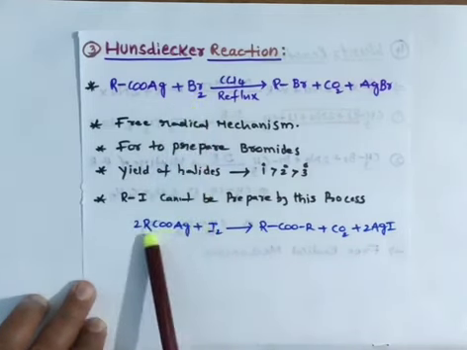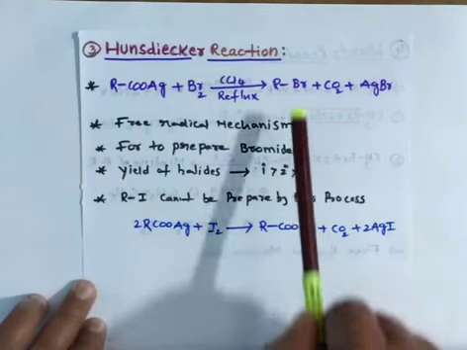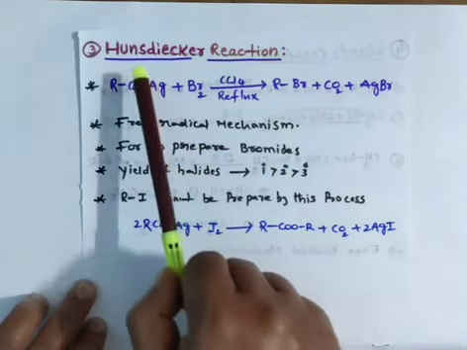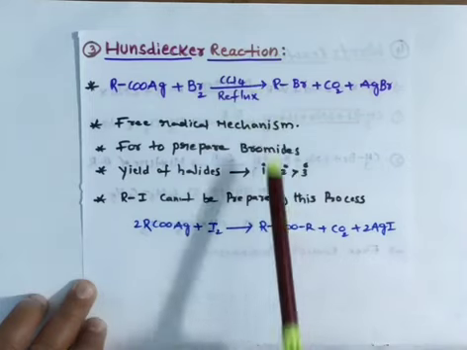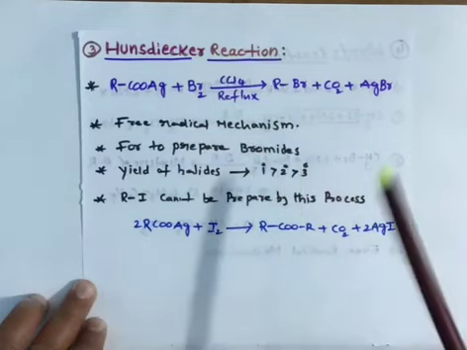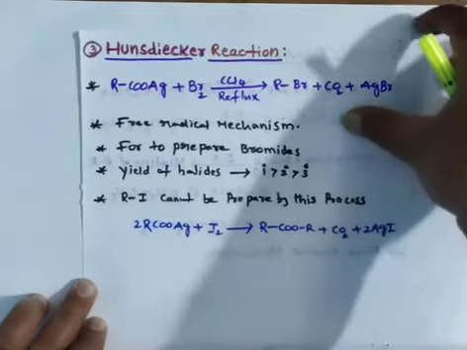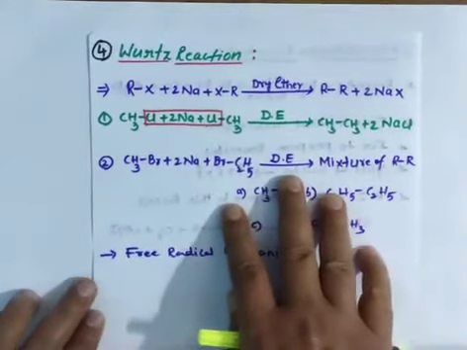Silver salt of carboxylic acid reacts with iodine, you are getting esters. Instead of haloalkane, you are getting esters. That's why by the Hunsdiecker reaction we are unable to prepare RI. This is for RBr.